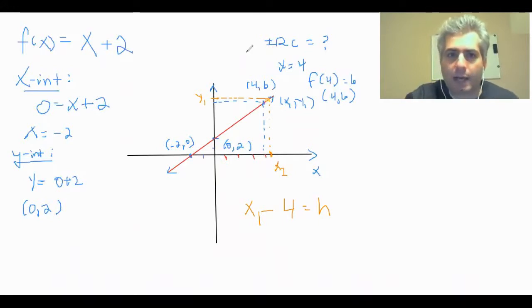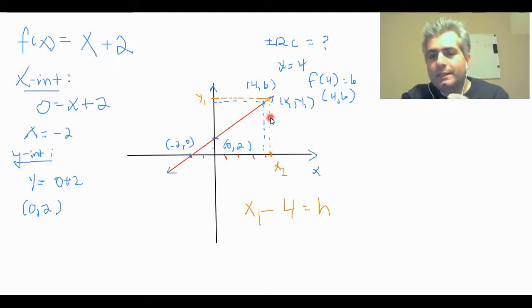So as we bring any arbitrary point on this function closer and closer to (4, 6), the gap between the two x coordinates, the point of interest and the arbitrary point (x1, y1), gets smaller and smaller, and we're going to call this h.